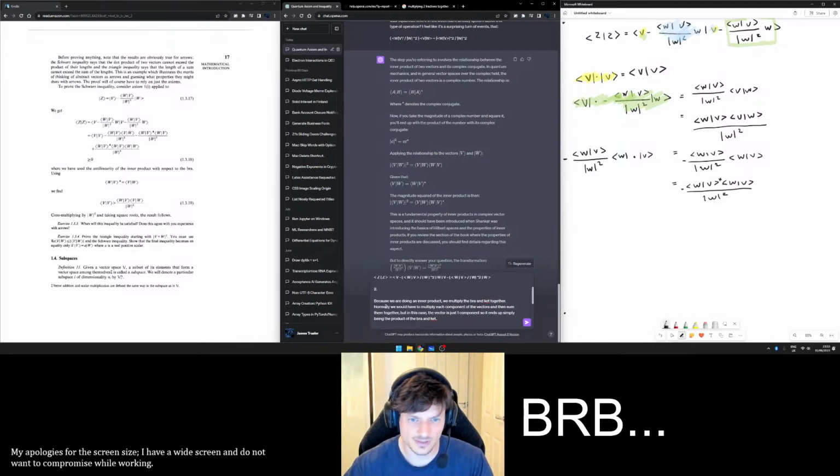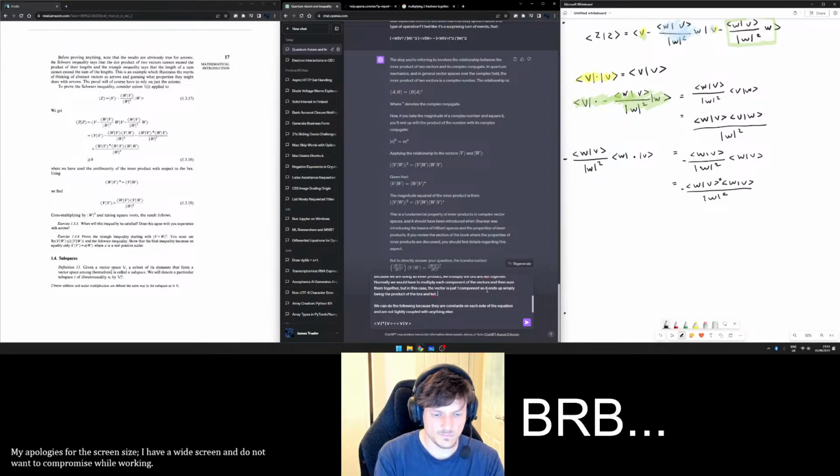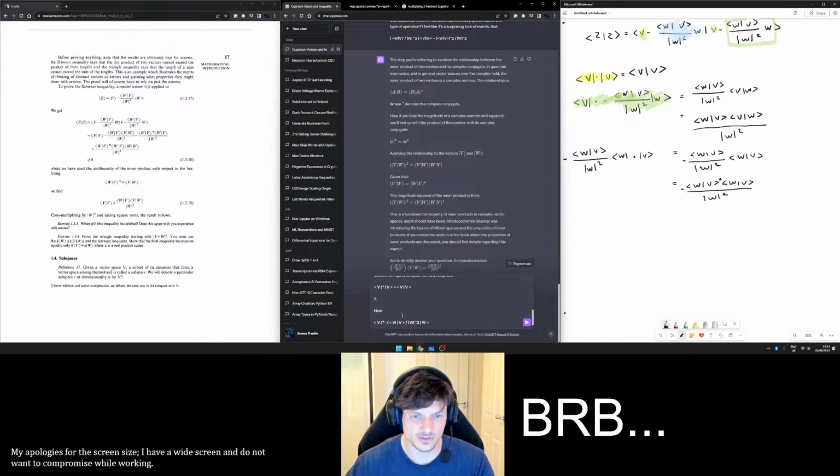Now, so what do we say here? Because we are doing an inner product, we multiply the bra and ket together. Normally, we would have to multiply 2, therefore 3. We can do, so now 4.